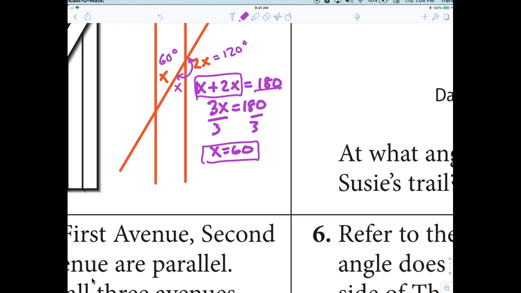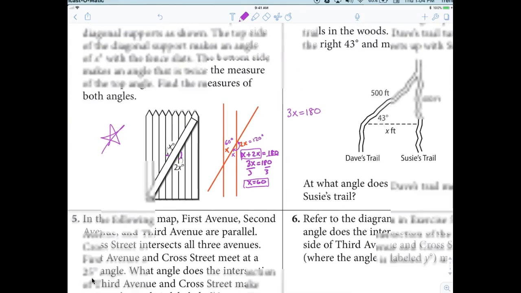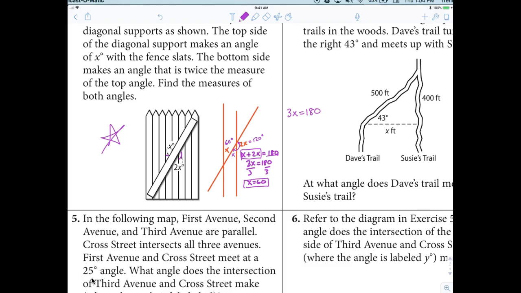You with me on this? Yeah. All right? Yes. So you got the 60 by, you subtracted... No, since they were supplementary, I took the two angles and added them together.